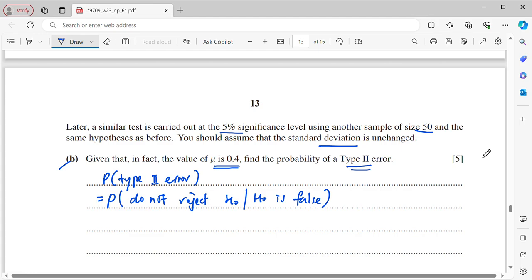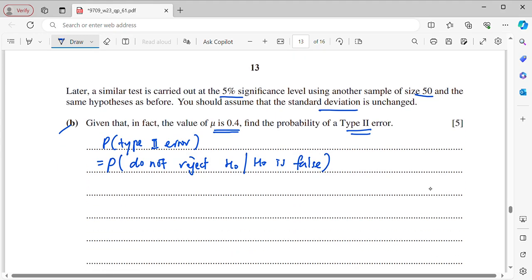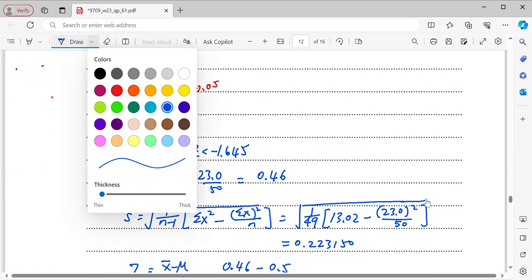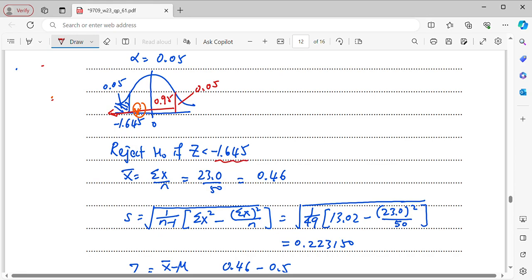Okay, so now I need to find out what is my X bar value so that we do not reject H0. I need to find what is the region for do not reject H0. So now I will write here. Z equals X bar minus mu over S over square root N. And then from the previous calculation, we know that we reject H0 if the Z is less than negative 1.645.